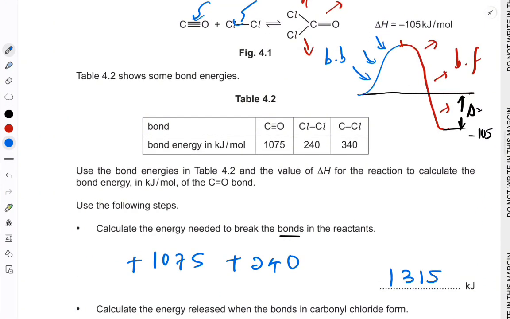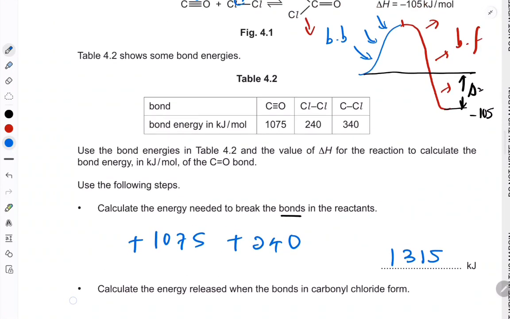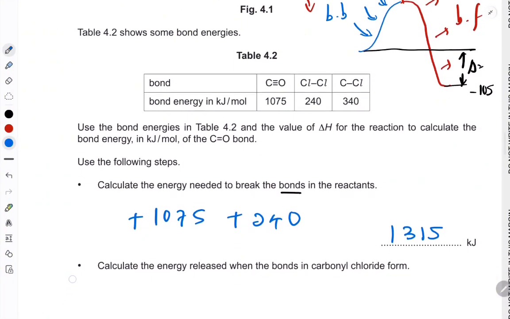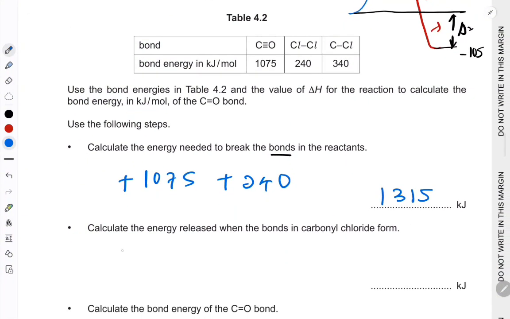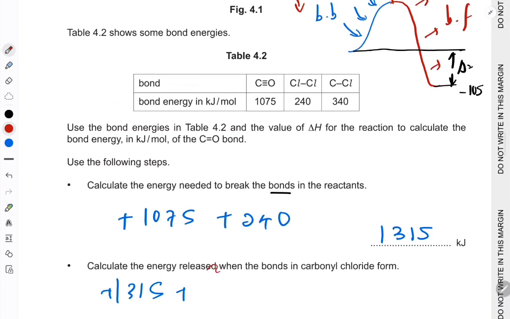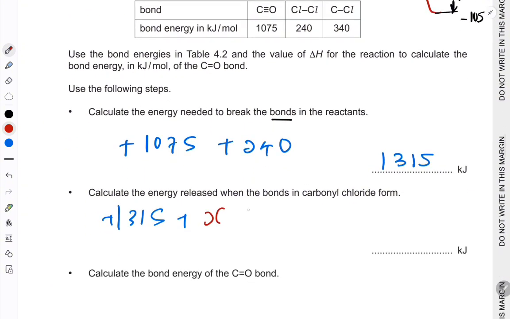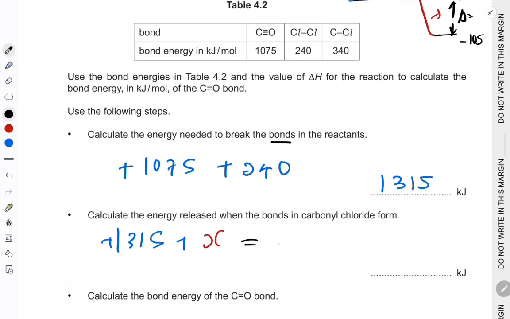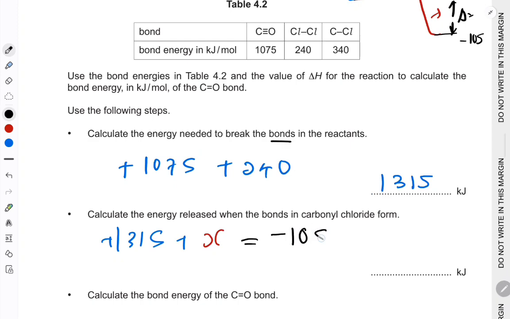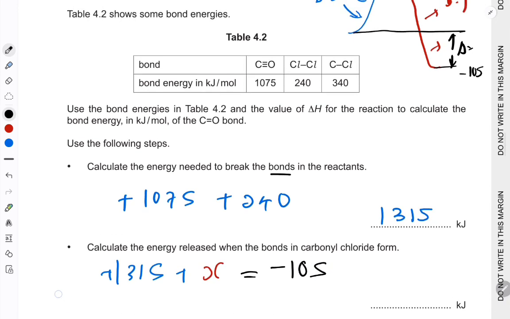So bond forming, this is the red part, class. Let's call the energy which went into the system positive 1315. The energy that was released from the system, I'm going to call that value X for now. And this is all equal to negative 105. This is all the red part.